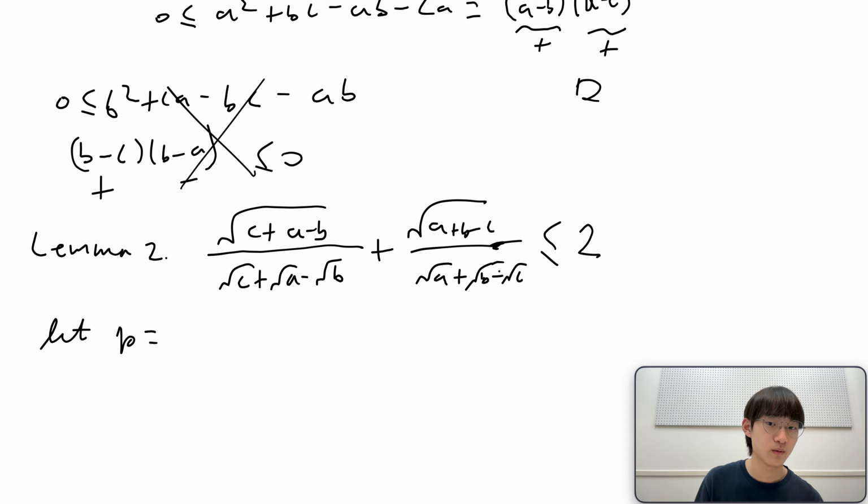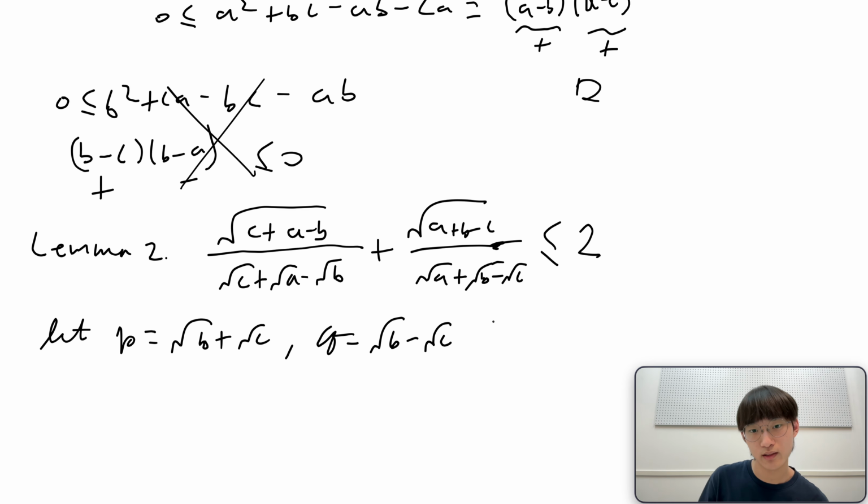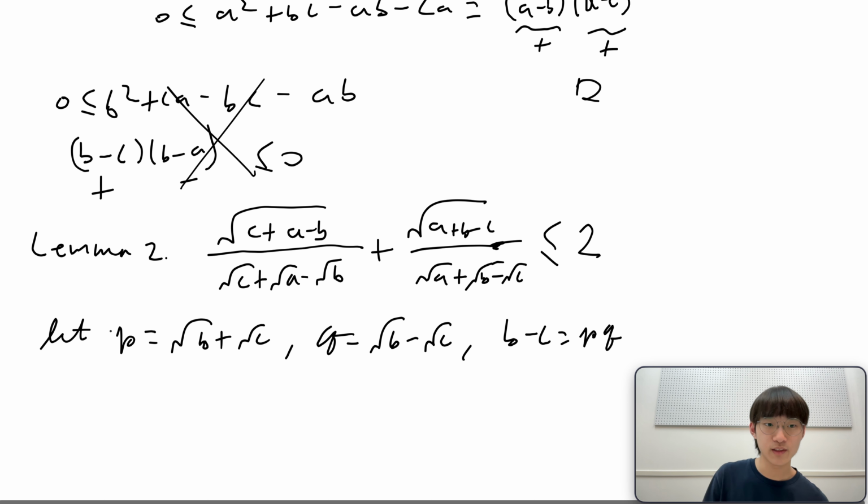Let's use B and C because A is the greatest term and that might make our lives easier later. Let p equal root b plus root c, and q equal root b minus root c. Then naturally, like what we did, b minus c equals pq. Now let's substitute it.